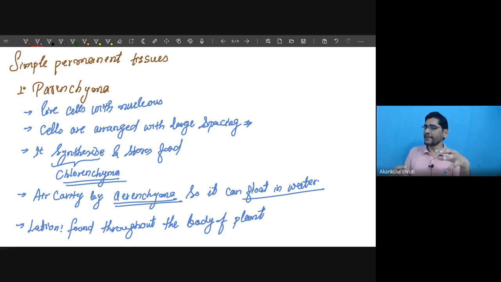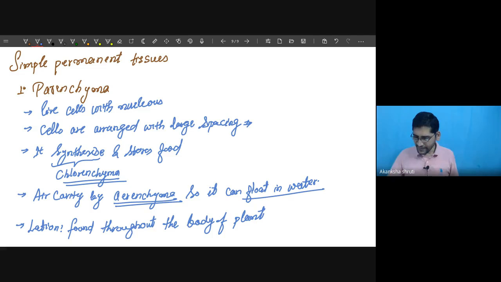Students, in a plant, do not think one part consists of one tissue and another part of another tissue. The entire body of the plant may contain more than one kind of tissue. Certain specific tissues, like our meristematic tissue, are present at a specific location. But parenchyma is present throughout the body.